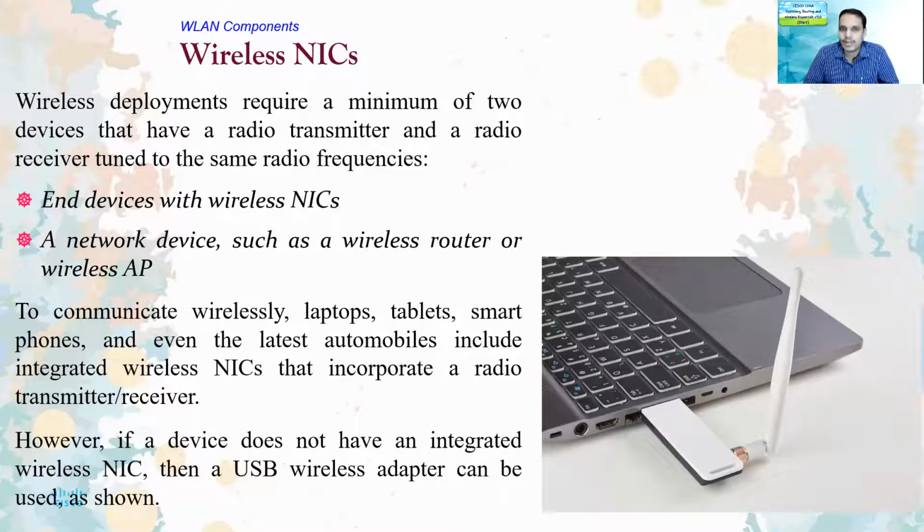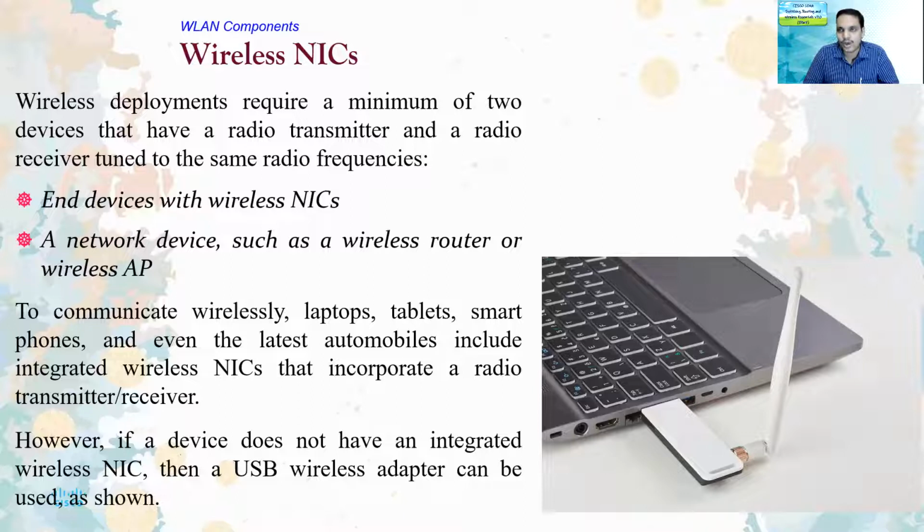To communicate wirelessly, all the latest electronic gadgets integrate wireless NICs that incorporate a radio transmitter or receiver. In some cases, when you're using old laptops that don't have an inbuilt Wi-Fi antenna, you can even go for a USB wireless adapter.